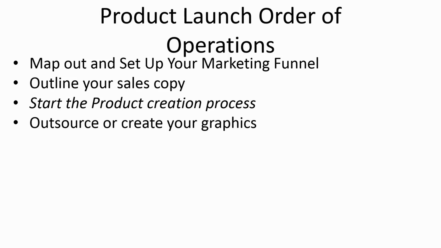And this is how many good ideas sit on the shelf. You want to do the counterintuitive thing: map out your sales funnel first, outline your sales copy, and then start creating your product. And while the product is being created, again, this is important, while the product is being created, not after, start outsourcing your graphics. And if you've written your sales copy, that's going to be an easy thing to do.